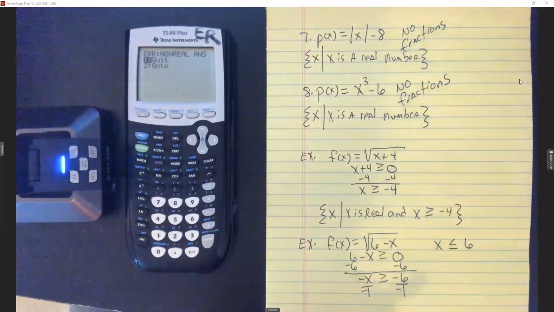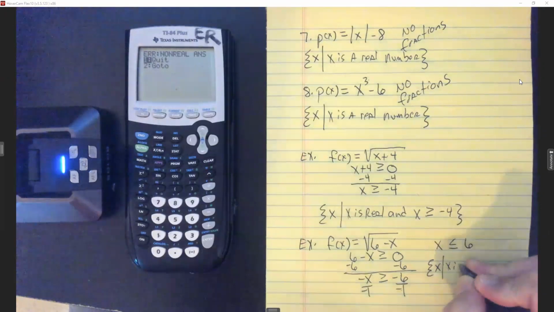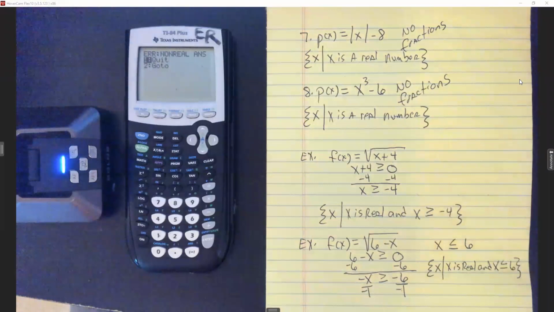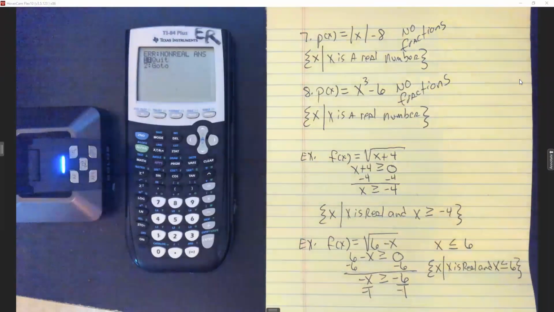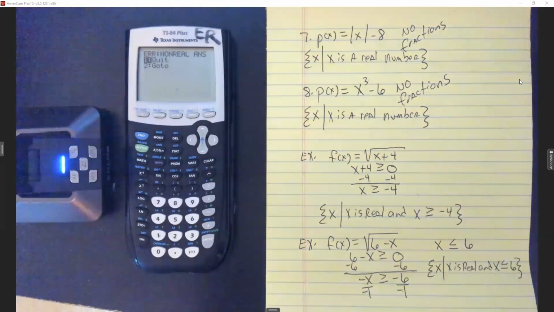So my domain would be x such that x is real and x has to be less than or equal to 6. So really, that's the thing where I get most people is that y'all forget to sometimes flip it around when you're dividing by the negatives. So it makes your answers over here a little bit off.